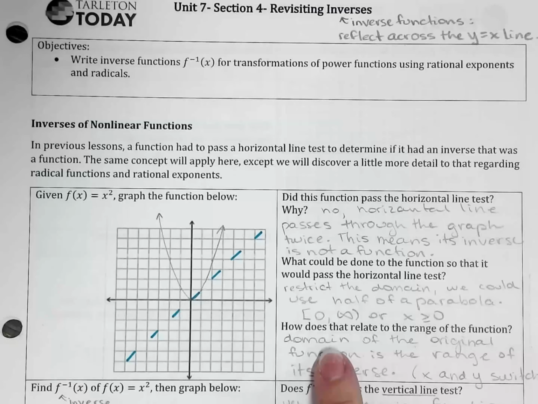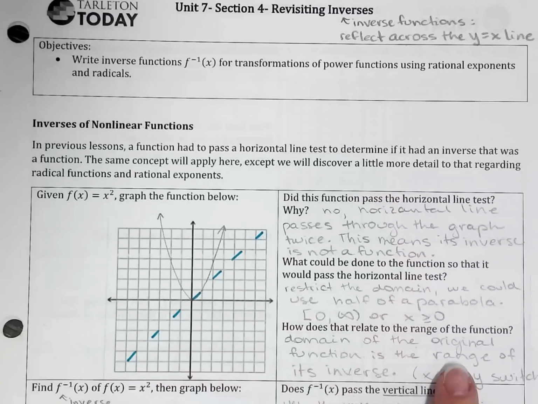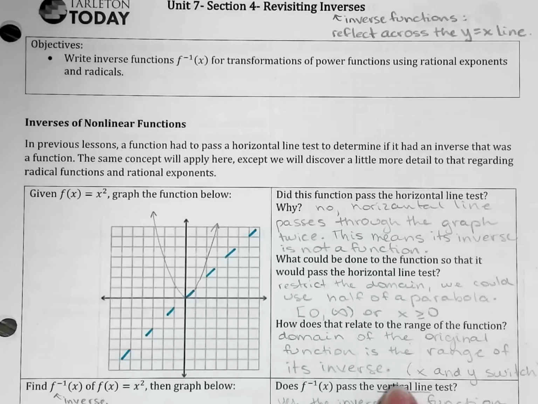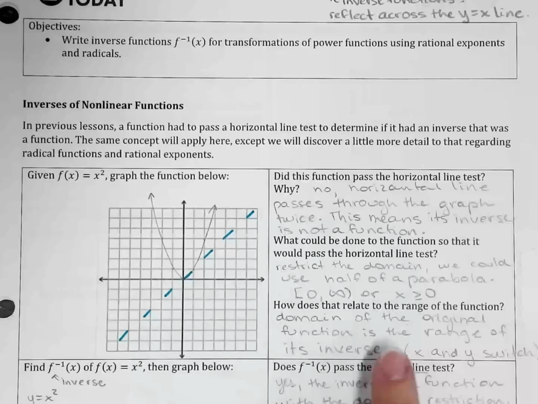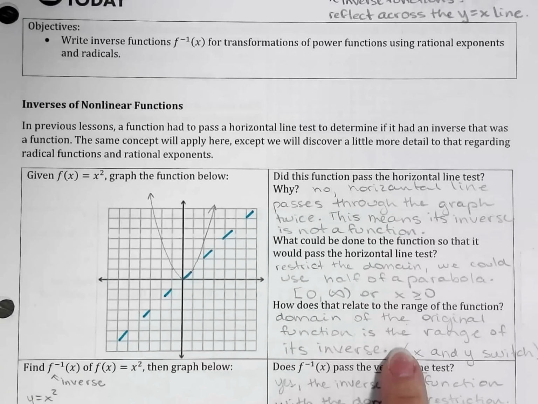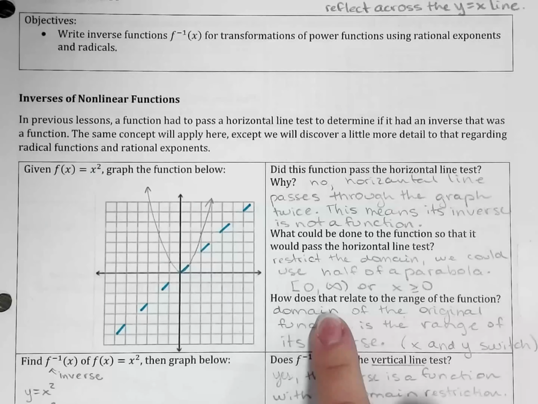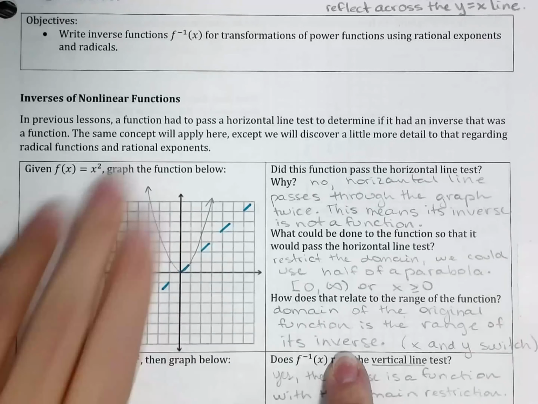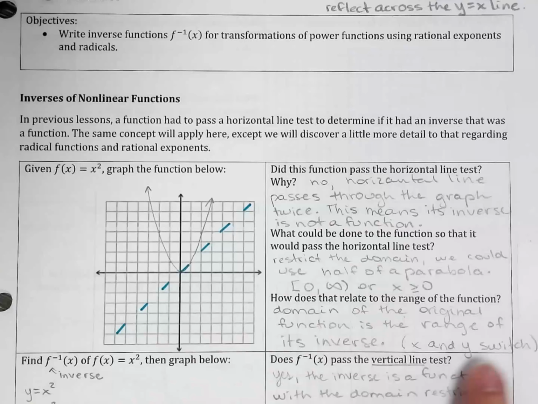How does that relate to the range of the function? Well, the domain of the original function is the range of its inverse. We will have more examples, but this is the main thing: the domain of the original function is the range of its inverse.